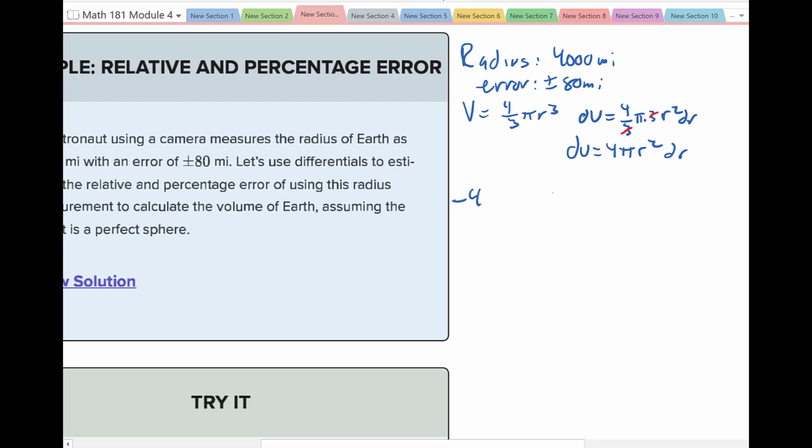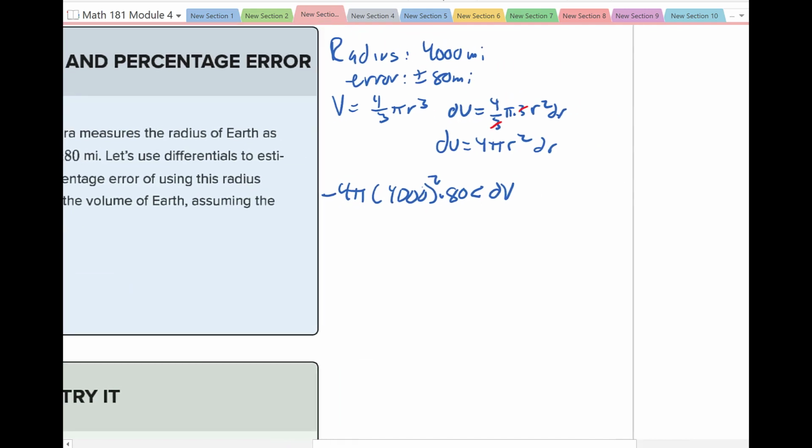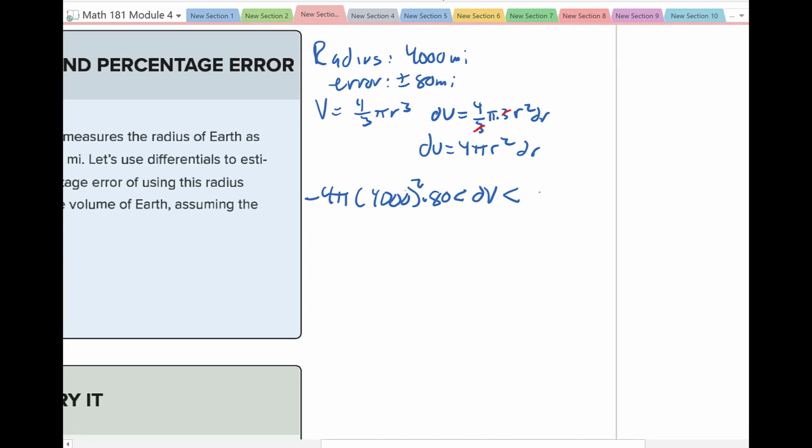It's negative 4 pi times the radius, which was 4,000 squared, times the dr on the negative side, so times 80, less than dV, less than 4 pi times 4,000 squared times 80.